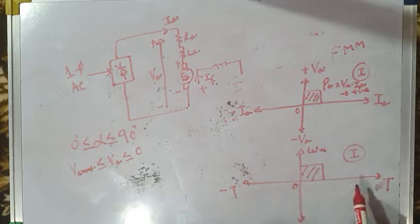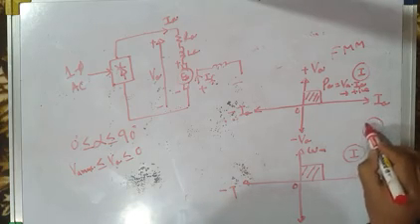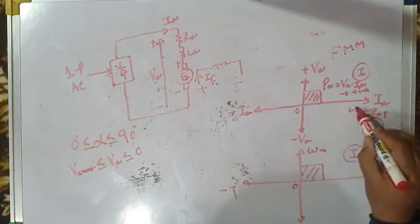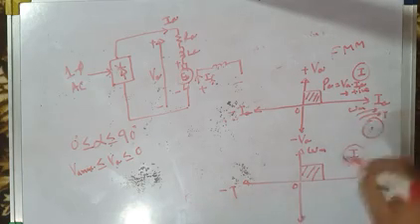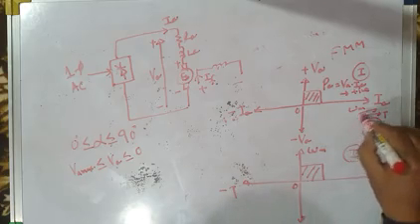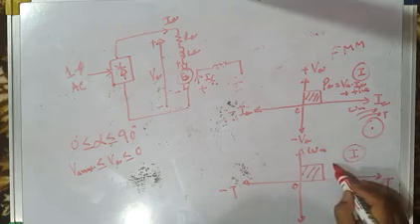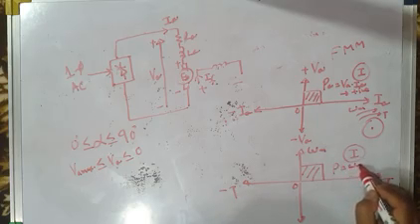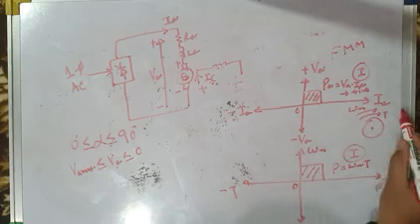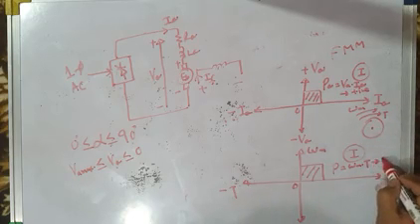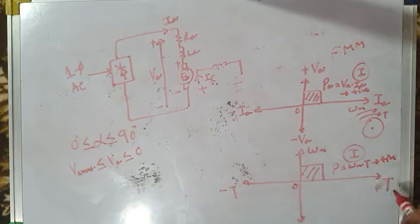Say the machine is developing torque in this direction and making the motor run in the same direction. The motor and its driven load run in the same direction, say clockwise. Power is equal to omega m into T. Since omega m is positive, with clockwise taken as positive, and torque is also positive, power is positive.